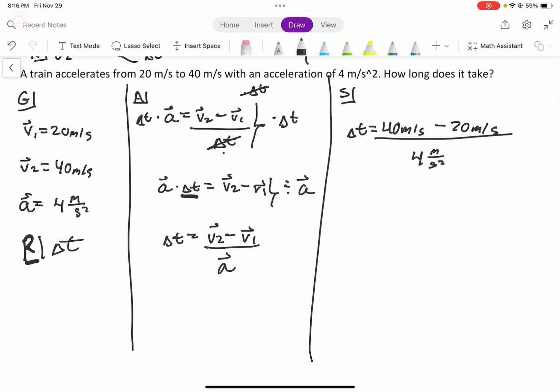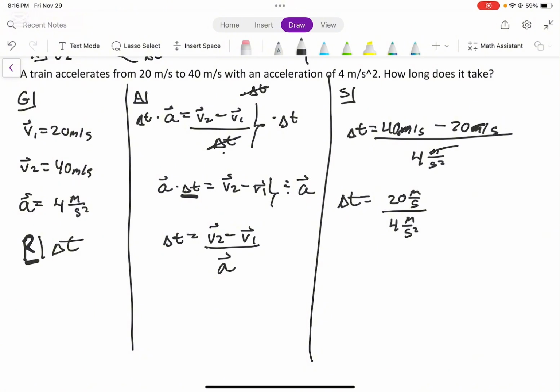And you'll actually notice that the meters will all just cancel out, and all the units will actually match up to what you're looking for. So in this case, you'll only be left with seconds. So we can just go delta t is equal to, and in this case, you'll have 20 meters per second on the top, and you'll have 4 meters per second squared here.